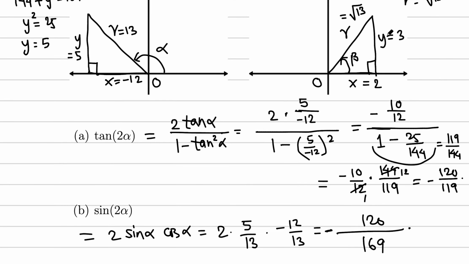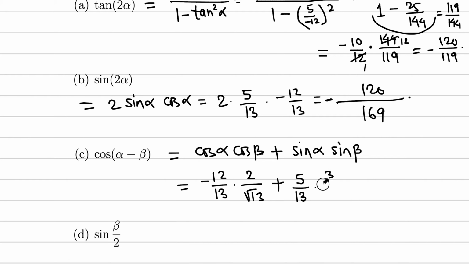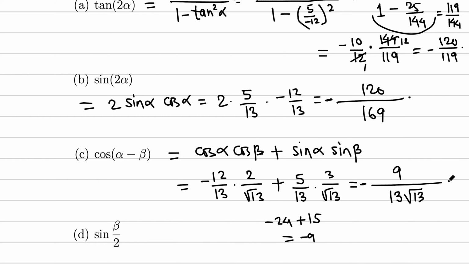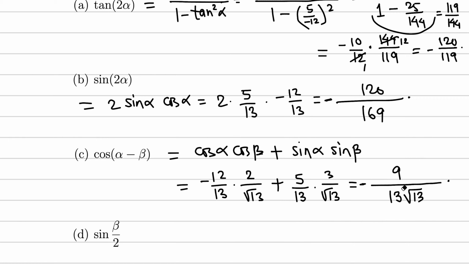Sine beta, 3 over root 13. Multiply. On the bottom we have 13 root 13 for both, in fact that is the common denominator. Negative 12 times 2 is negative 24, plus 5 times 3 is 15 on the top, which is negative 9. So negative 9 over 13 root 13 is the answer. We can just combine that way.